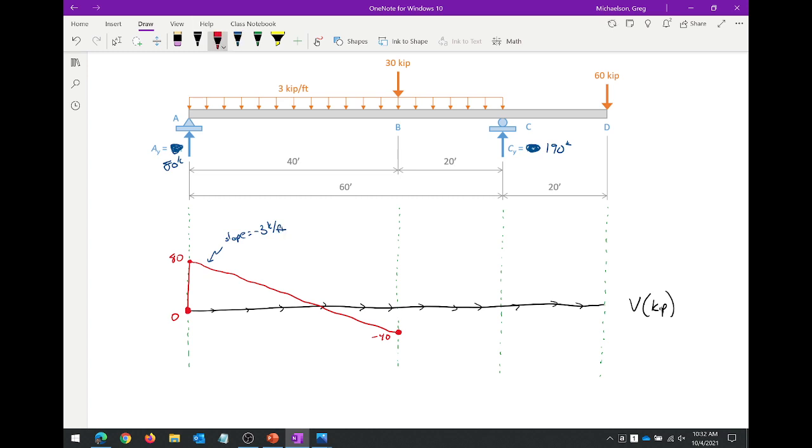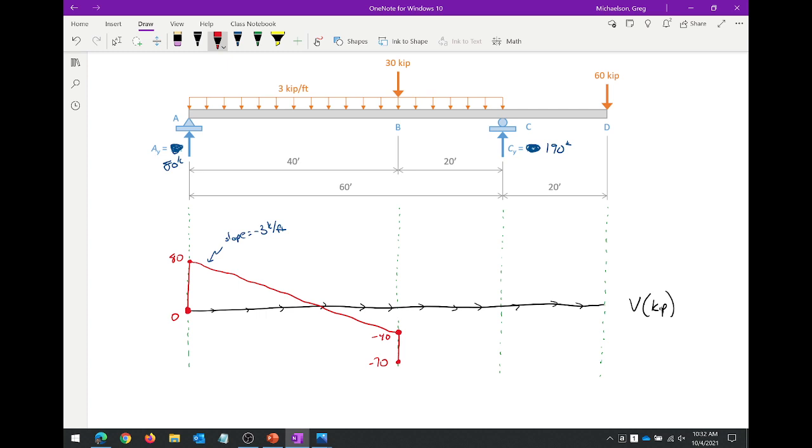Okay. Now what do we do? Drop down 30. So if I'm at 40 and I drop down 30, what's that put me at? -70. That's exactly right. -70.